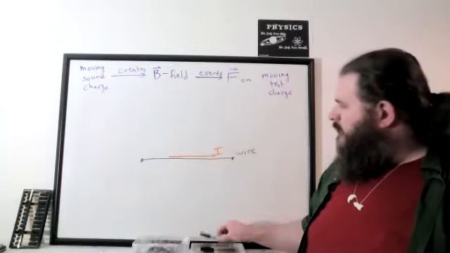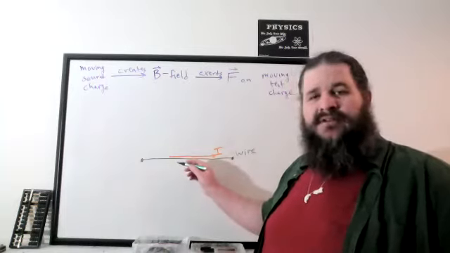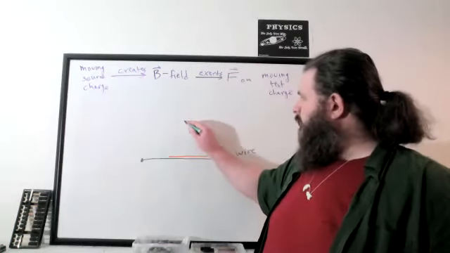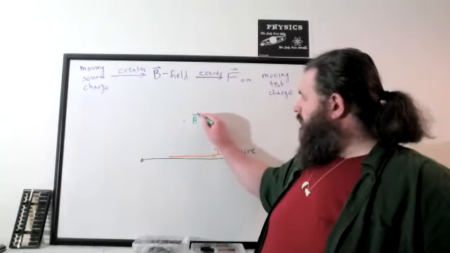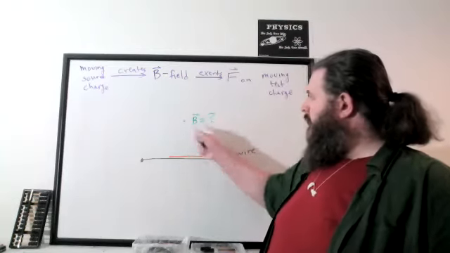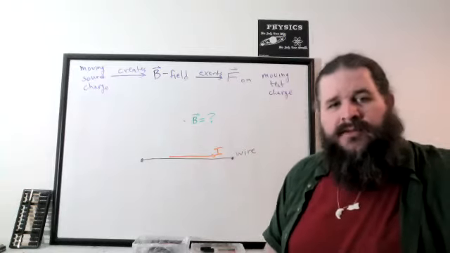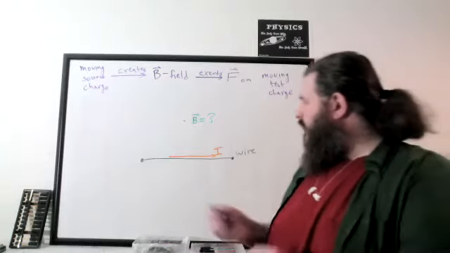To figure out what that magnetic field looks like, let's focus on one single location, a location above the wire. We want to know the magnetic field at this location. There are a few ways you can determine this. One important thing is to take a look at the radius vector.